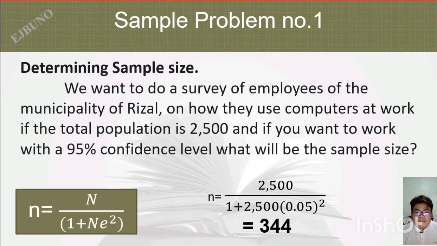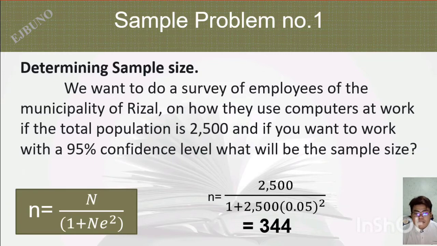Here's sample problem number 1, determining sample size. We want to do a survey of employees of the municipality of Rizal on how they use computers at work. If the total population is 2,500, and you want to work with a 95% confidence level, what will be the sample size?